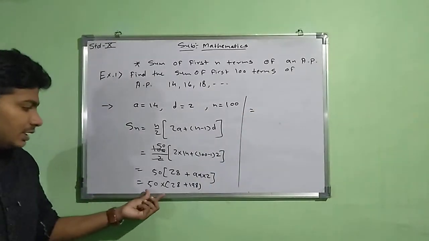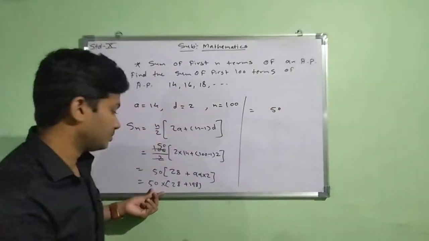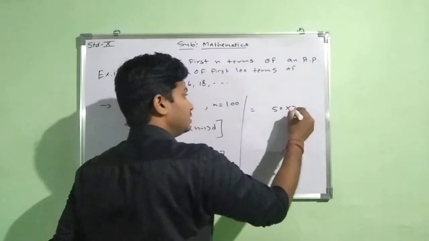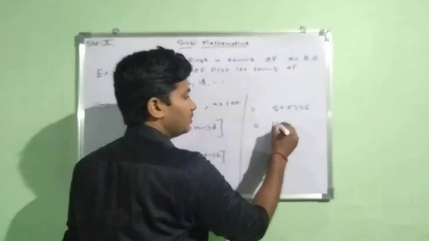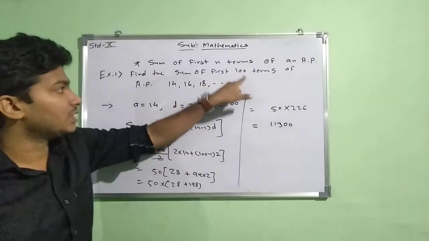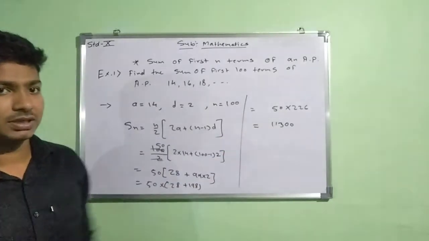After solving that, we get 50 multiplied by 226. After doing the multiplication, we get 11300. So the sum of first 100 terms is 11300. That will be your answer.